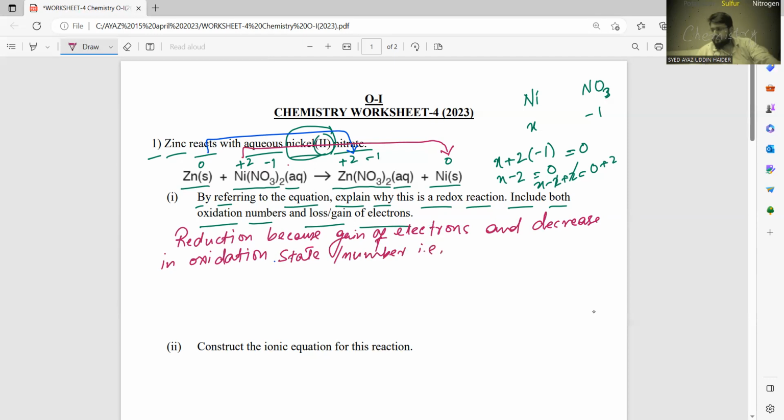That is Ni(NO3)2 to Ni. We have +2 to 0.